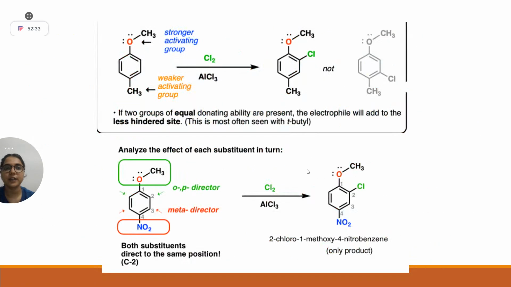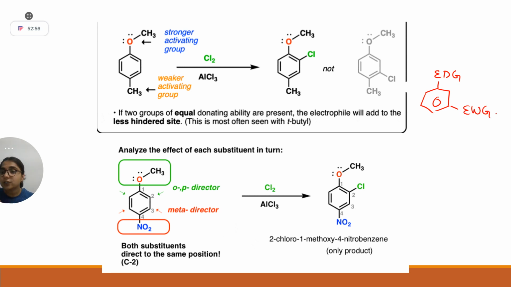Okay, let's move ahead. Now, what will be the case if we are having two substituents? They can be of the same nature. Okay, my general question to you is, let's say here you are having an electron donating group and here you are having an electron withdrawing group.